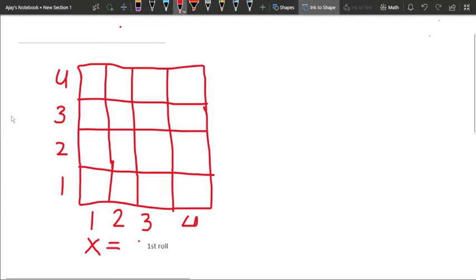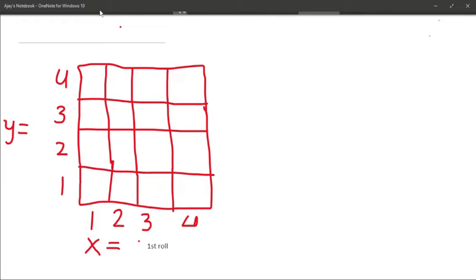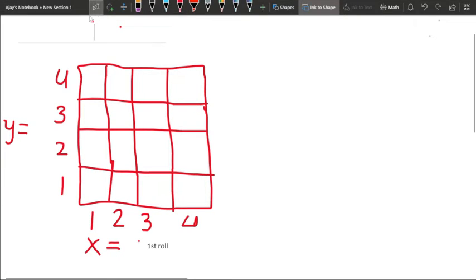So y is equal to second row. Okay, x is equal to first row, and y is equal to second row.